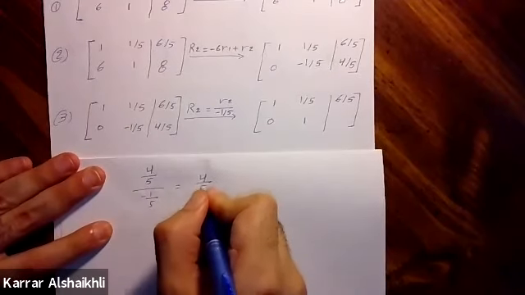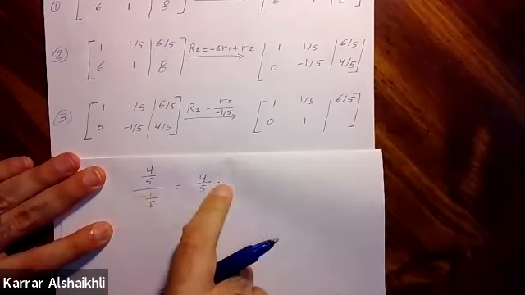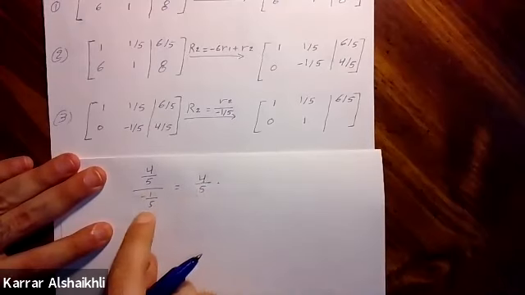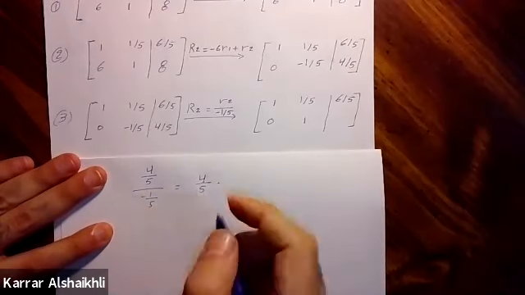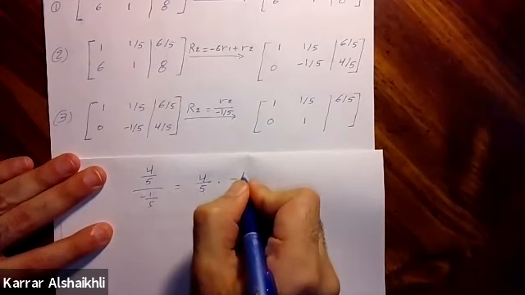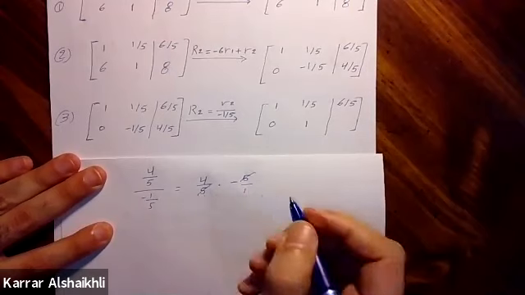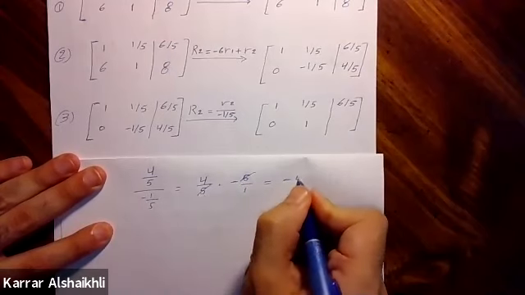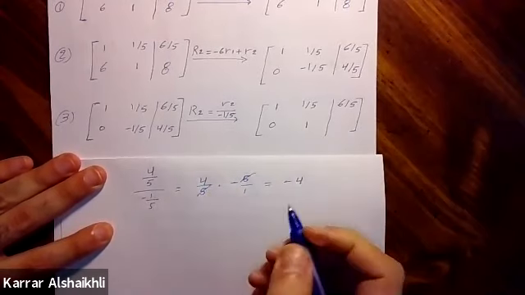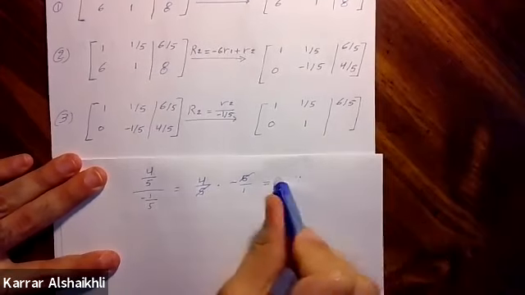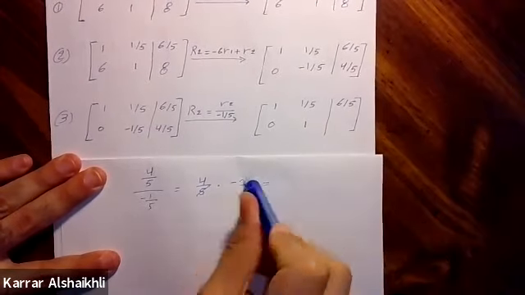We're going to write down the first part, convert the division to multiplication, and take the reciprocal of the second part. The reciprocal is going to be negative 5 over 1. Cancel the 5 with the 5, so it's going to be negative 4, or multiply straight across.